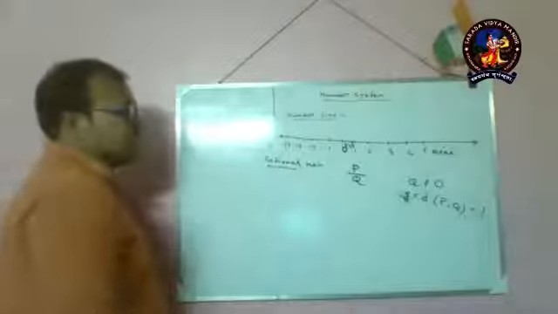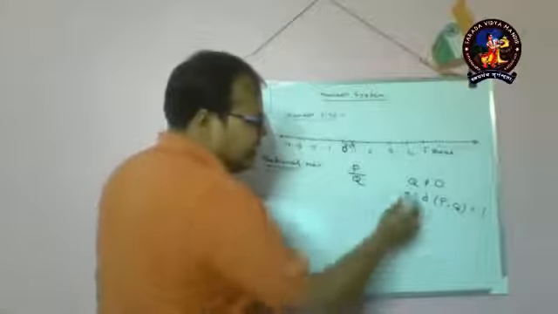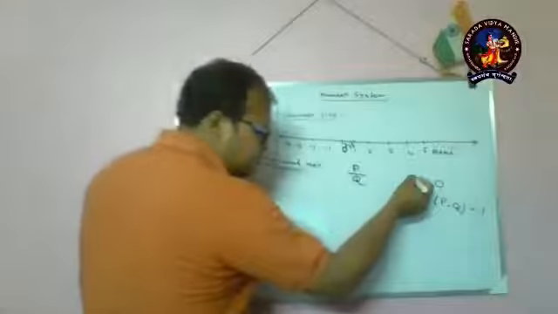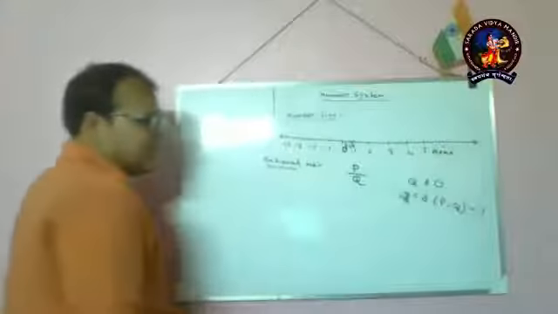What is the meaning of GCD? Greatest common divisor, which is nothing but the HCF, highest common factor. Only if a number satisfies these two conditions is it called a rational number.